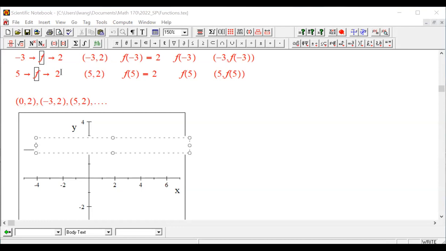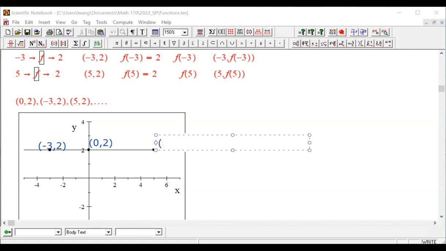This point, obviously, is -3, 2. The next point over here is 0, 2. And the next one is 5, 2.